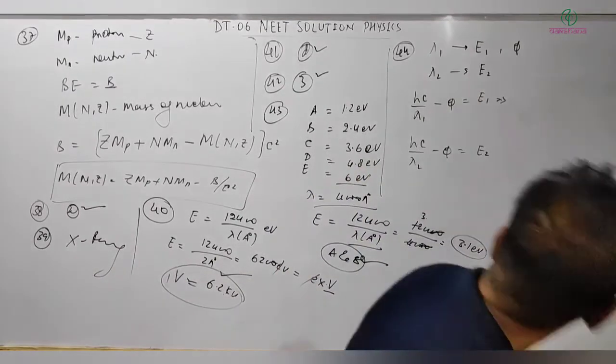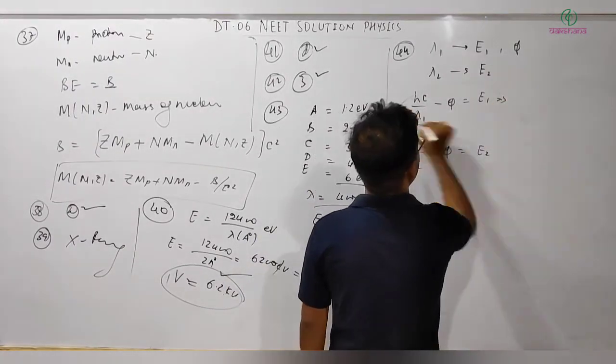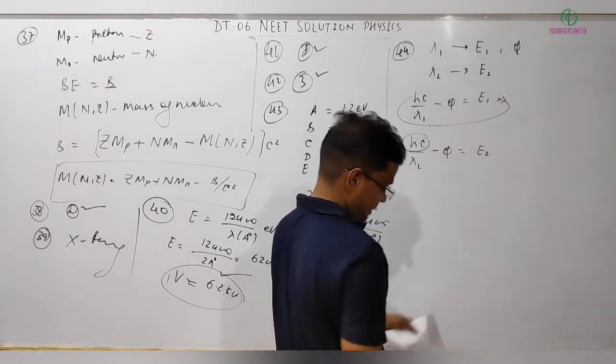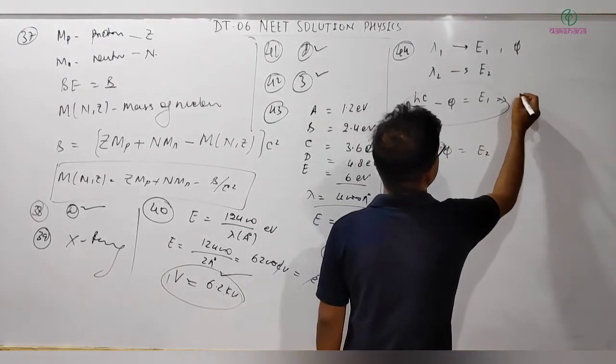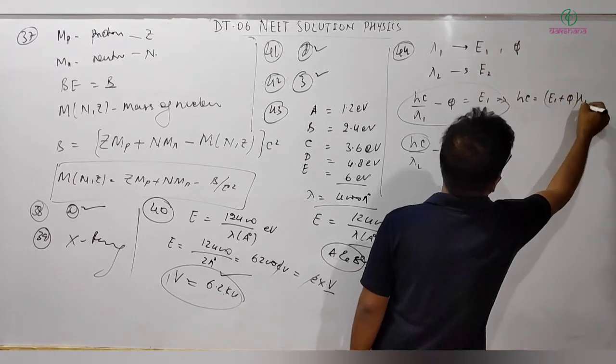Now here we just need to simplify these two. We need phi, so let's substitute the value of hc, because in the options hc is not mentioned. So hc is equal to E1 plus phi multiplied by lambda 1.